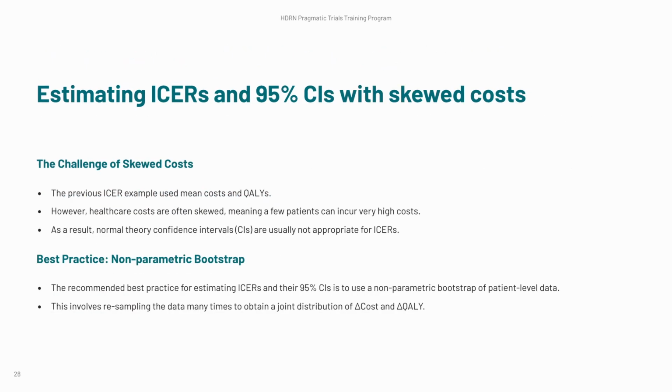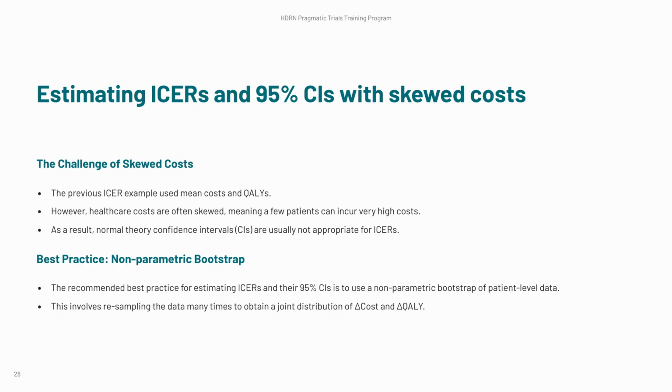The worked example uses mean costs and mean QALYs, which is standard, but it hides an important complication. Real-world cost data are often highly skewed. A small number of patients can generate very high costs, for example, due to prolonged intensive care or complex complications. When costs behave like that, the usual normal theory confidence intervals around the ICER are not reliable.